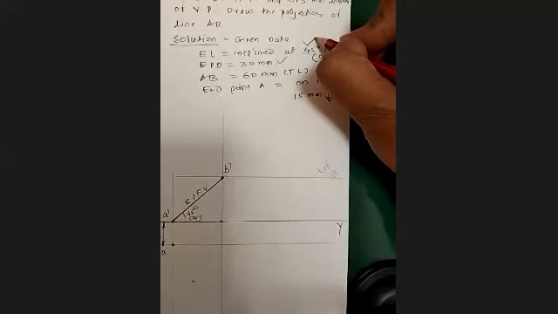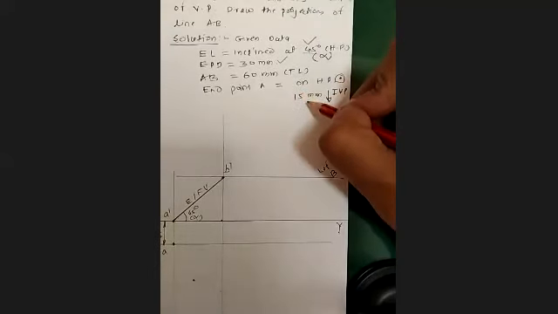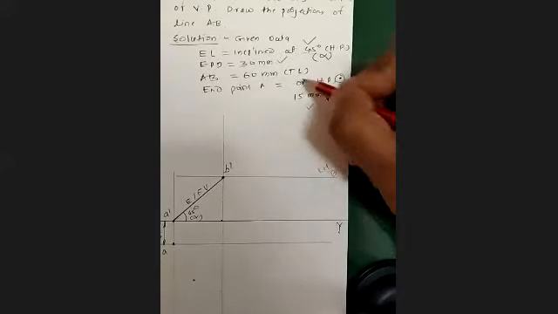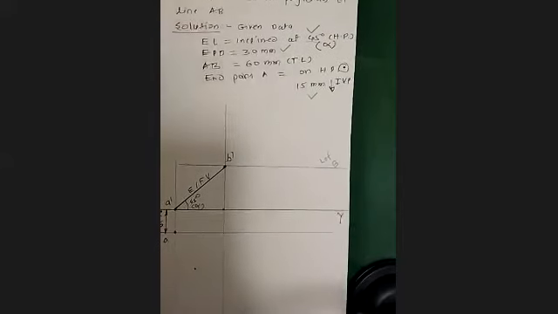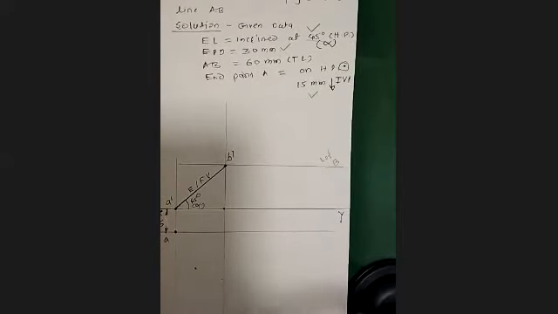This 45 degrees done. Then end point on HP, 15 millimeter in front of VP, that is done. Now the only thing remaining: can you mark this 60 millimeter true length here?